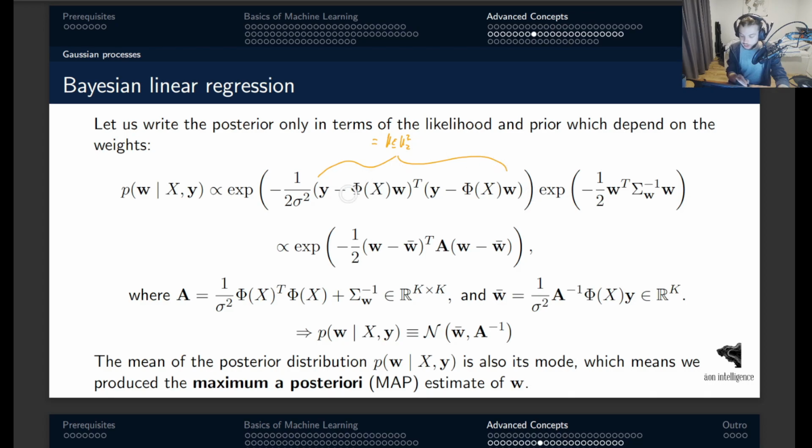And we multiply this likelihood with the prior, which is the exponential of -1/2 times the realization of the parameter vector W, transpose, times the inverse of the covariance matrix for that parameter vector W, times W. And from the lemma that we had on the first slide of this lecture follows that this expression is the squared magnitude of our parameter vector W, and this magnitude is parameterized by the inverse of the covariance matrix.